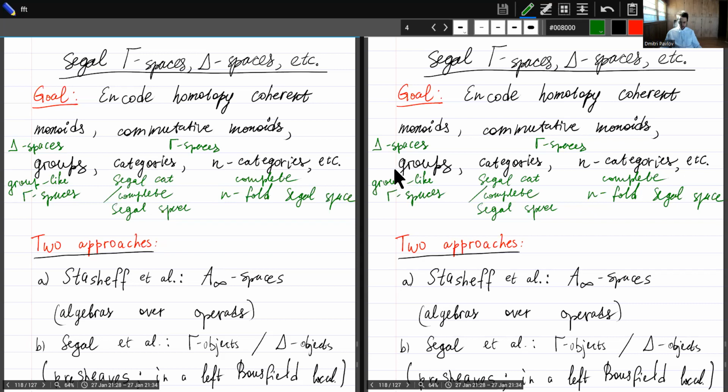Other things we may want to encode include groups, categories, and n-categories, and so on. And these will be also encoded by grouplike gamma spaces, Segal categories or complete Segal spaces, and n-categories will be ultimately encoded by complete n-fold Segal spaces, but maybe that's a story for the next time, not today.